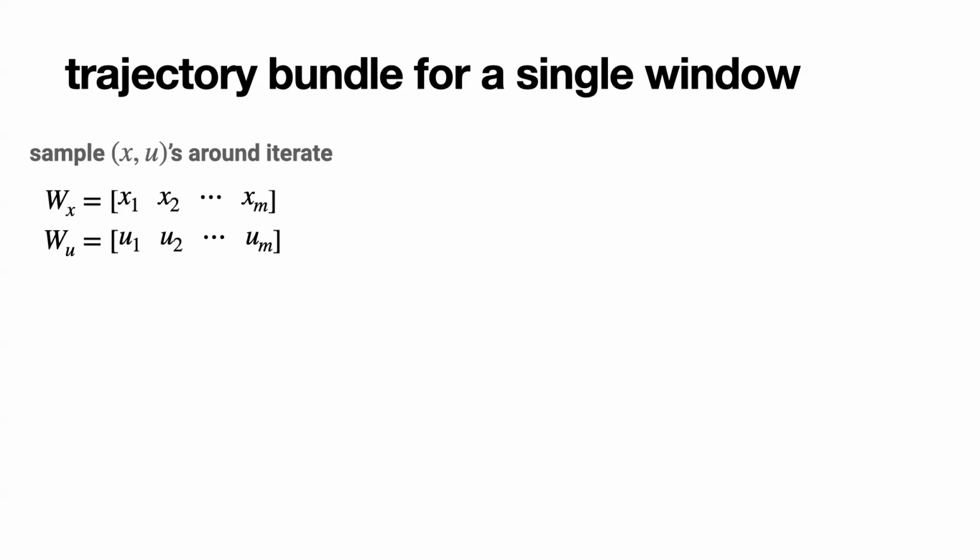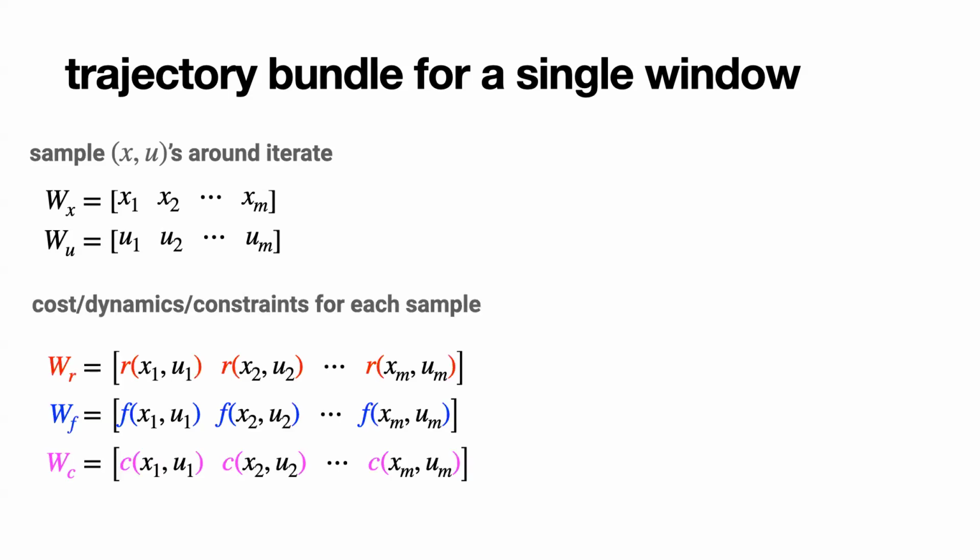Each column of these matrices is another evaluated sample. I then run all these samples through my three functions of interest, my cost residual, my dynamics function, and my constraint function, evaluating m times, once for each sample. I stack the results into new matrices Wr, Wf, and Wc. Now I have a collection of my inputs in X and U and my outputs in R, f, and C.